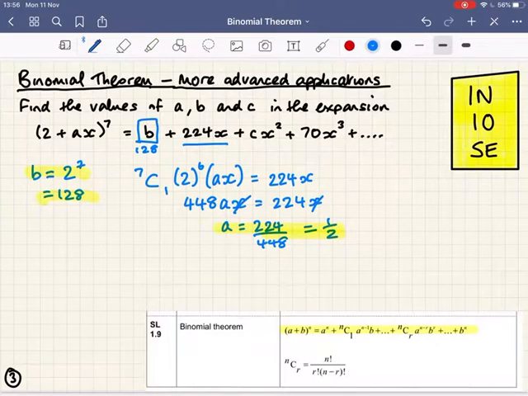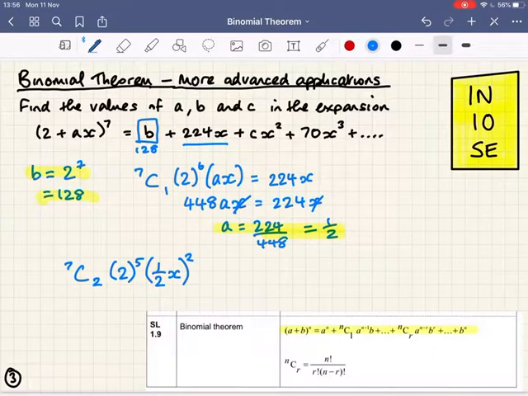We're just left with finding a value for c, which is the coefficient in front of the x squared. All we need to do here is use the formula. The third term would be 7C2, times 2 to the power of 5, times my ax, which we now know is a half x because we've worked out the value of a, raised to the power of 2.